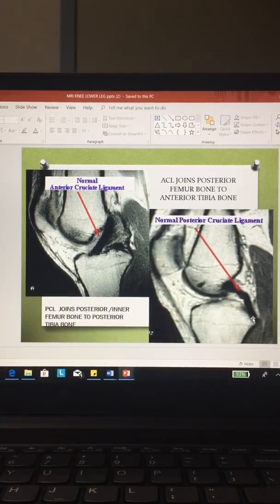If I'm slicing lateral to medial, once I know where that fibula is and I start slicing inward, the first ligament inside the knee, the ACL or PCL, will be your ACL. Then it'll go to your PCL. If you're scanning medial to lateral, your first major ligament will be the PCL, then your ACL. Does that all make sense? Okay.